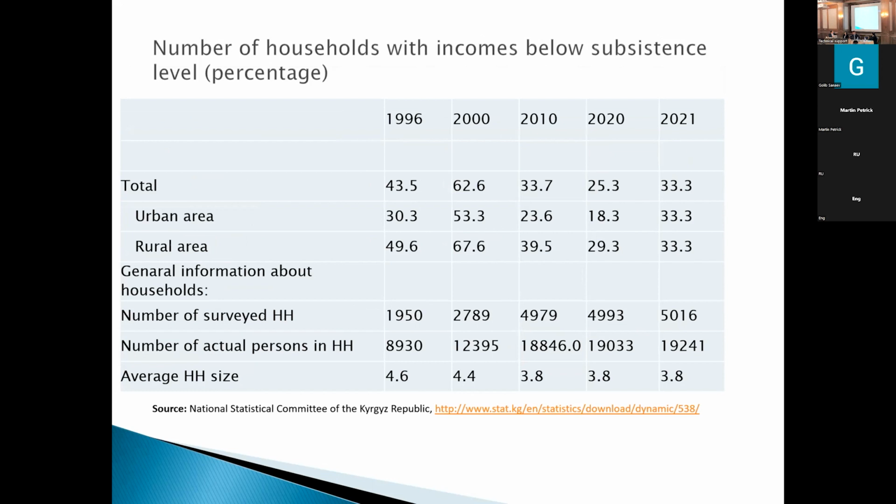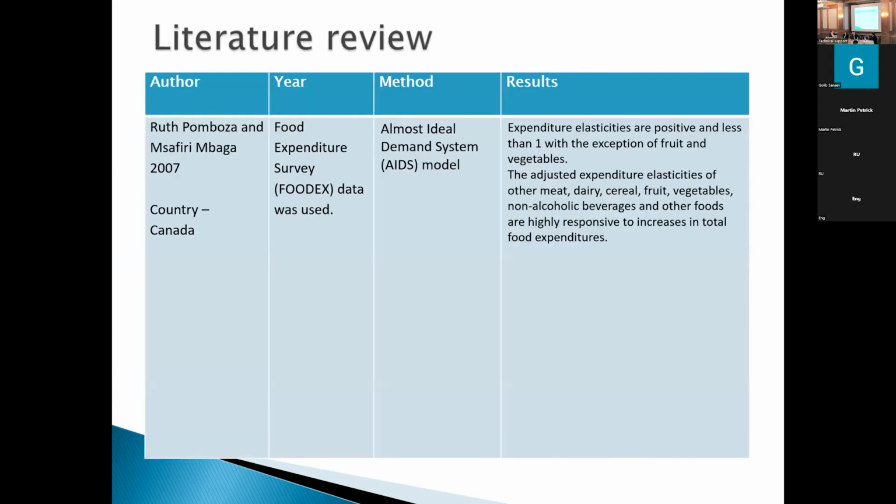Okay, I'm a little bit confused now. Regarding the literature reviews, I'm not going to show all of them, just the very important ones. One of the most important is a project undertaken for the country in 2007.